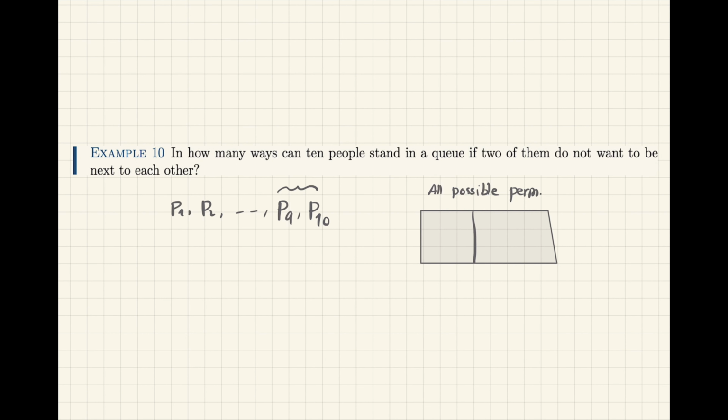I'm just partitioning it into 2 parts. In some of these permutations, you will see that P9 and P10 are next to each other. In the other partition, P9 is not next to P10.